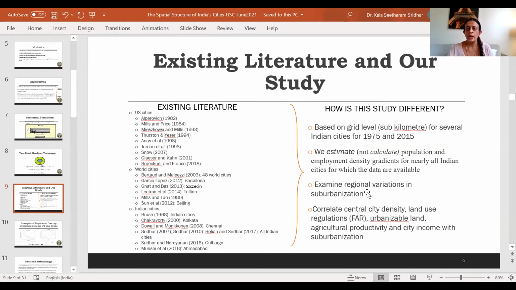Now, existing literature and our own study: there is a lot of literature on suburbanization. Alperovich is actually a very interesting paper, because he demonstrates that the higher the R square in an estimated density gradient equation, the more likely that is the real city center.